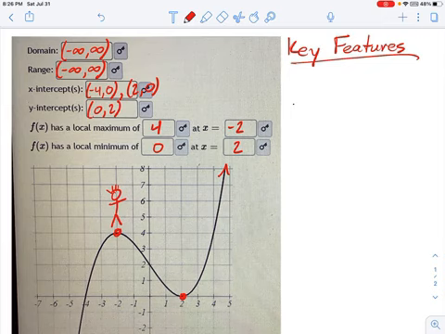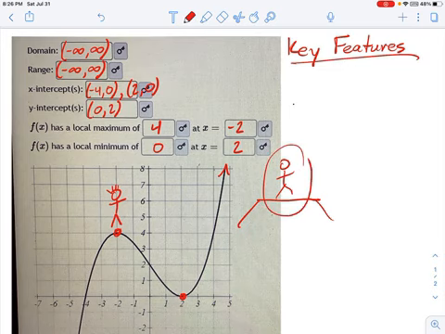Or maybe the better math way of saying this is nothing else is higher than you. That's what it takes for something to be a local max. So if you were standing on flat ground, and then it goes down like that, that's still a local max because nothing's higher than you on this location right here.